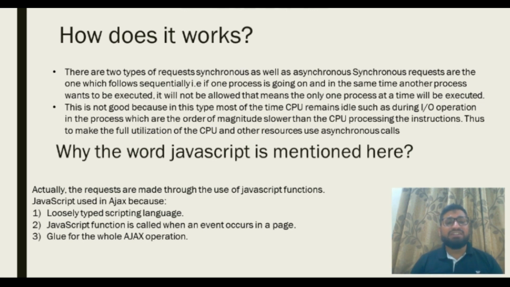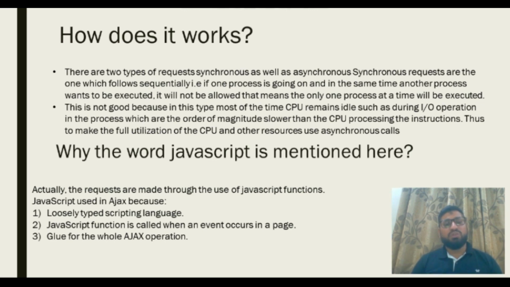Why is the word JavaScript mentioned here? Actually, the requests are made through the use of JavaScript functions. Why do we use JavaScript in AJAX? For the following reasons. First, it is a loosely typed scripting language. Second, a JavaScript function is called when an event occurs in a page.